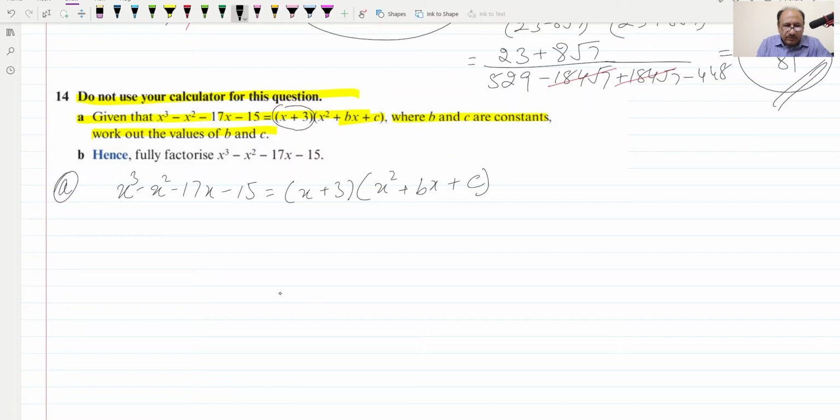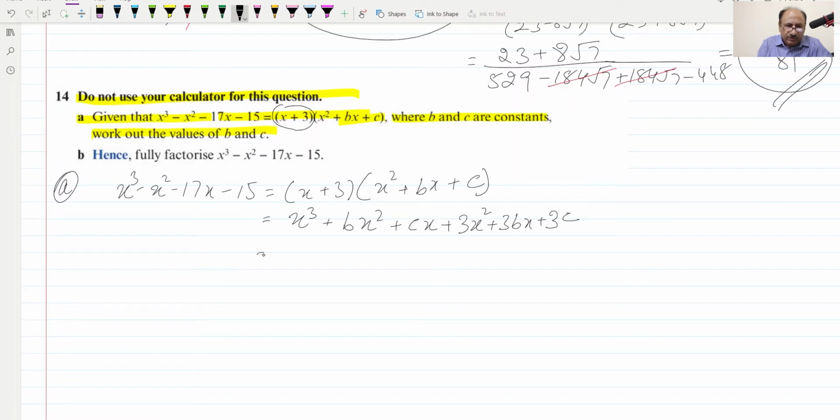Now we can multiply this, so x multiplied by x square will result in x cube, plus b, x multiplied by bx will be bx squared, plus c multiplied by x will be cx, plus 3 multiplied by x square will be 3x squared, and then plus 3 multiplied by bx will be 3bx, and plus 3 multiplied by c will be 3c.